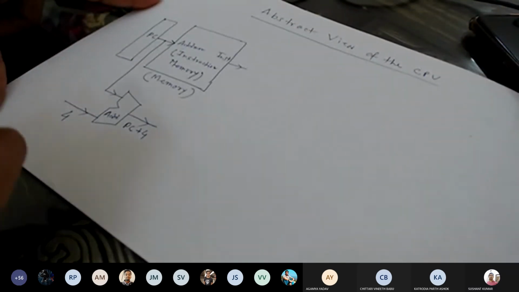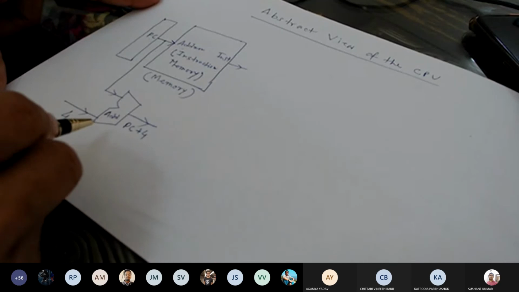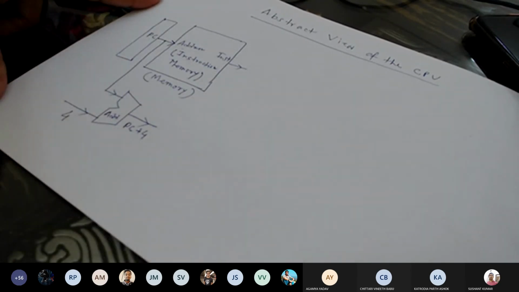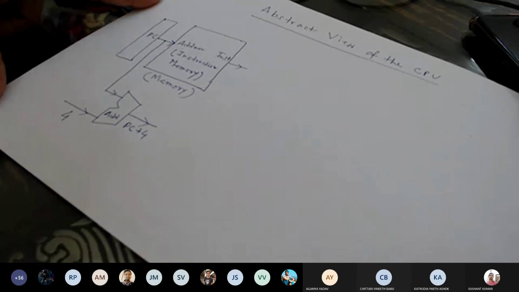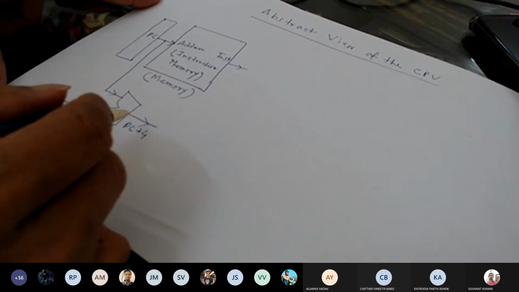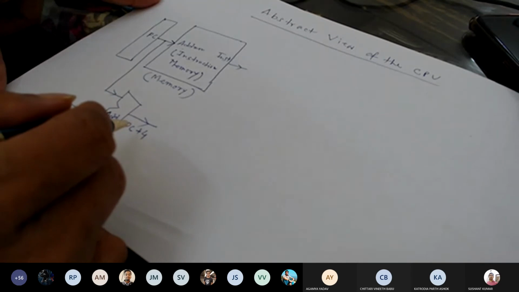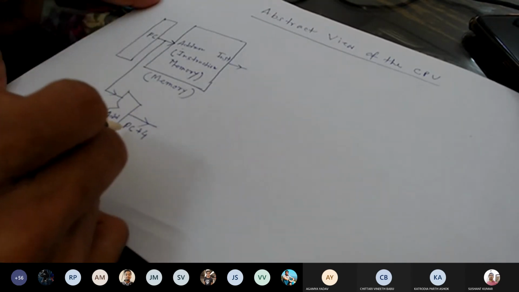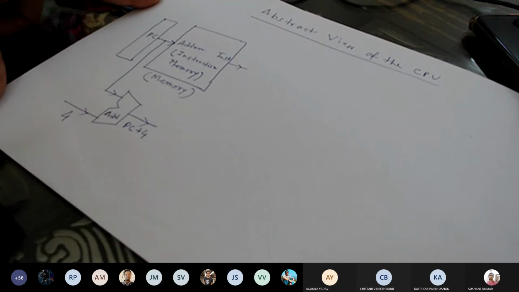Now this value may be used or may not be used. That we will see, but we will preserve this value. PC equals PC plus 4, we will preserve.